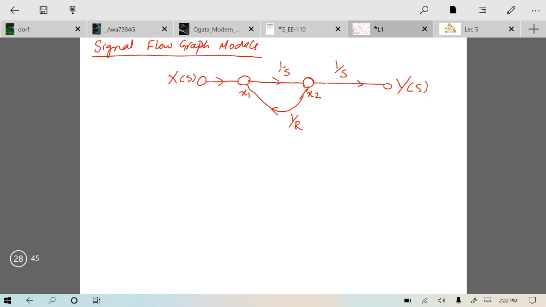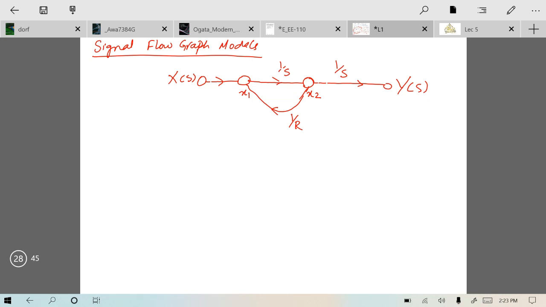So you can either find the transfer function of a system using the block diagram reduction technique, or find the transfer function of the same system in a signal flow graph model using Mason's rule. Whichever has computational simplicity, whichever suits you, depends on the scenario.